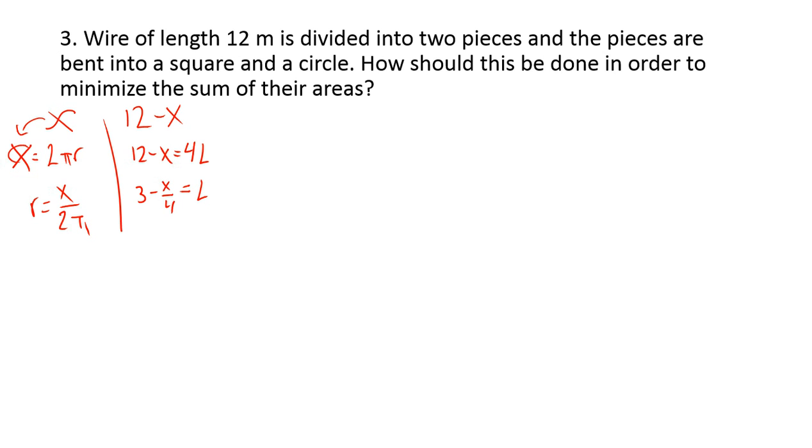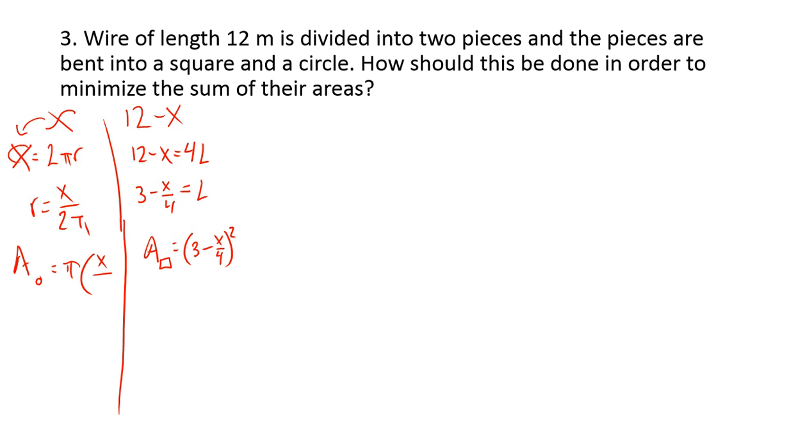That's just solving. So now these can be plugged into their area formulas. The area of a square is L squared, which would be 3 minus x over 4, that whole thing squared. And then the area of a circle is pi r squared.